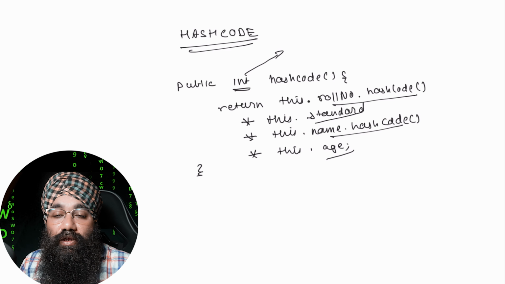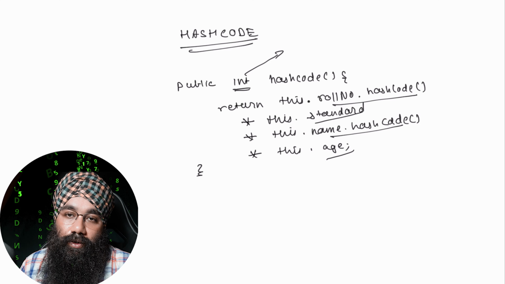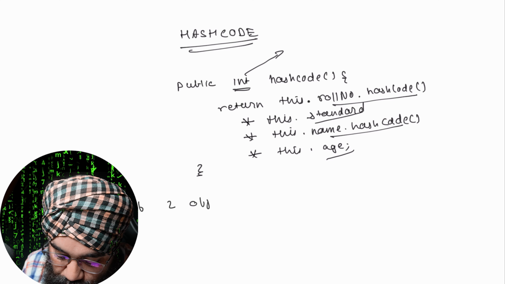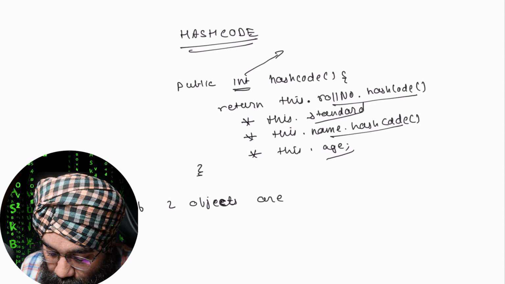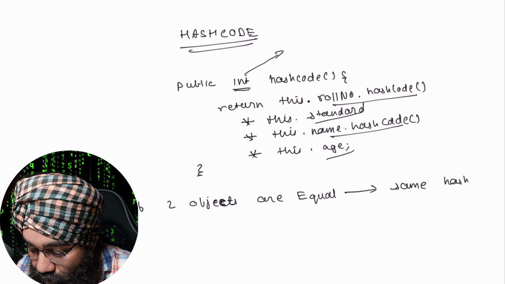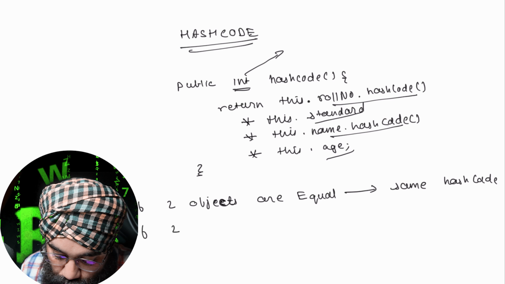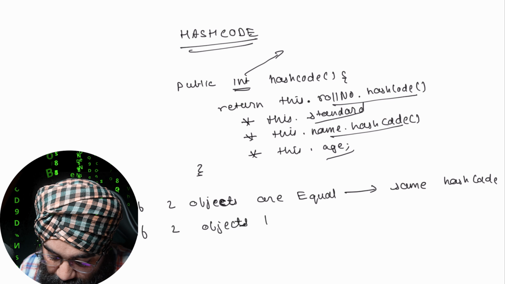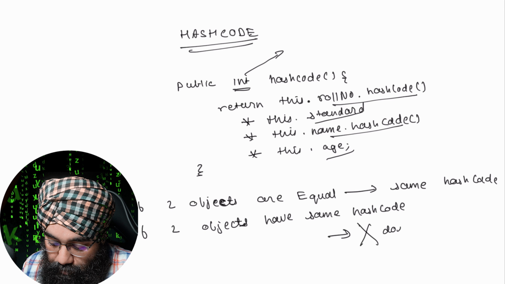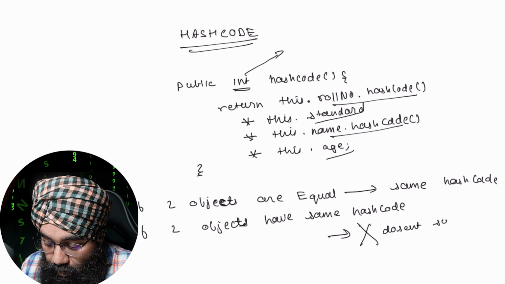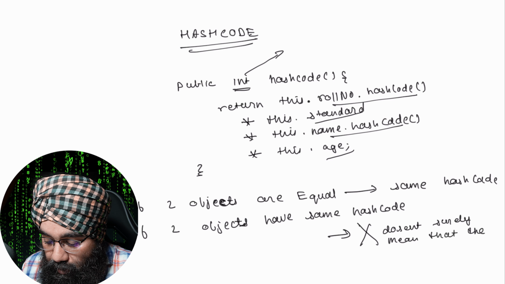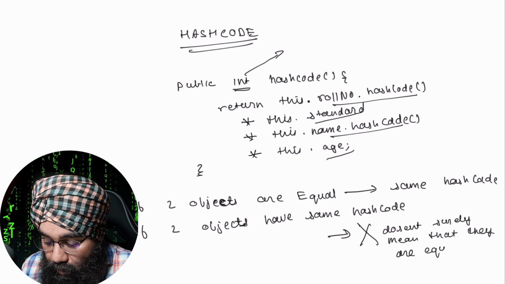That is why there is a defined rule in Java: if two objects are equal, they should have the same hashcode. Two objects having the same hashcode doesn't surely mean that they are equal.